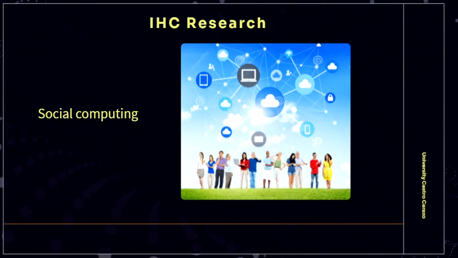Social computing. In recent years, there has been an explosion of social science research focused on interaction with the computer as the unit of analysis. Many of these investigations are drawn from psychology, social psychology, and sociology.